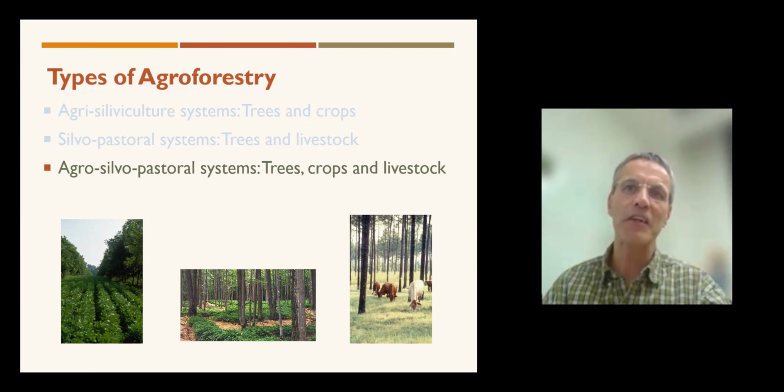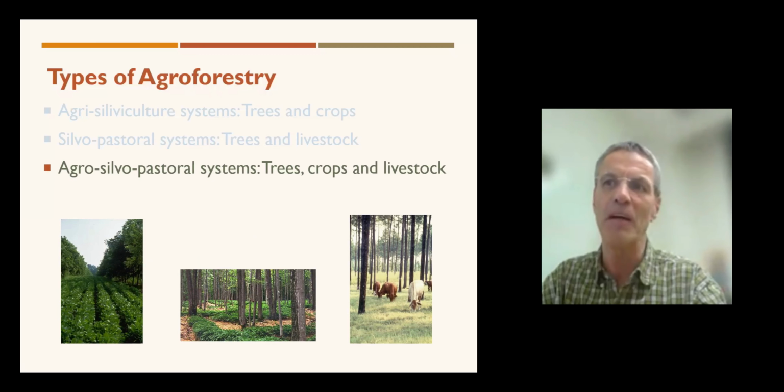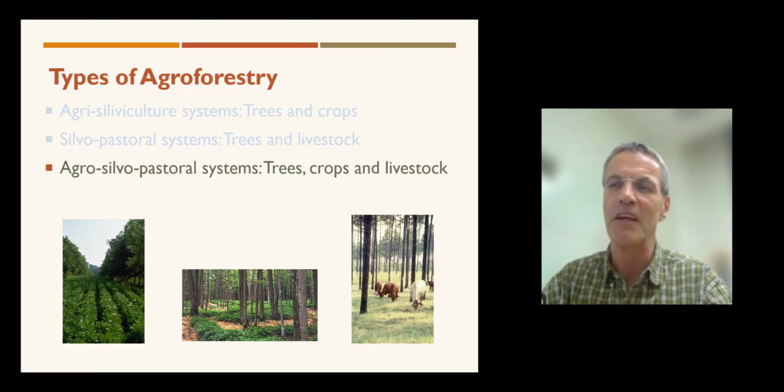On the pictures here, you see kind of a traditional alley cropping system on the left. In the middle, you see more of a forest farming type system, also called multi-story cropping sometimes. And then over here, you have sort of a silvopastoral system where you pasture. Actually, in this case, you also have the animals.